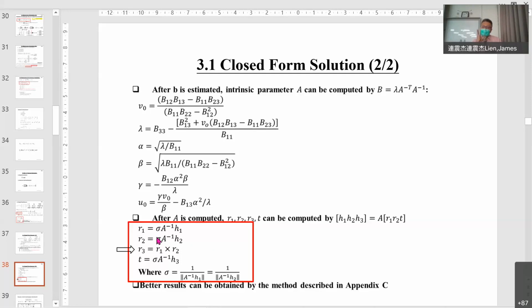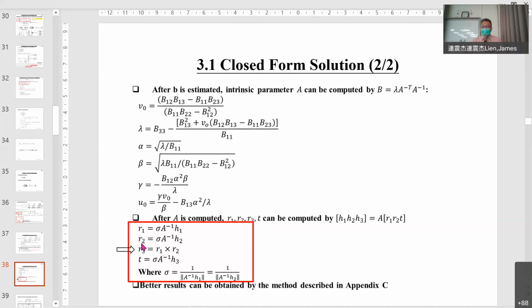Sometimes after you get a result, the face is too thin, sometimes too wide. It gets deformed. That's because your R1 and R2, or Rx and Ry, are not orthogonal. In any 3D reconstruction, this is a problem.